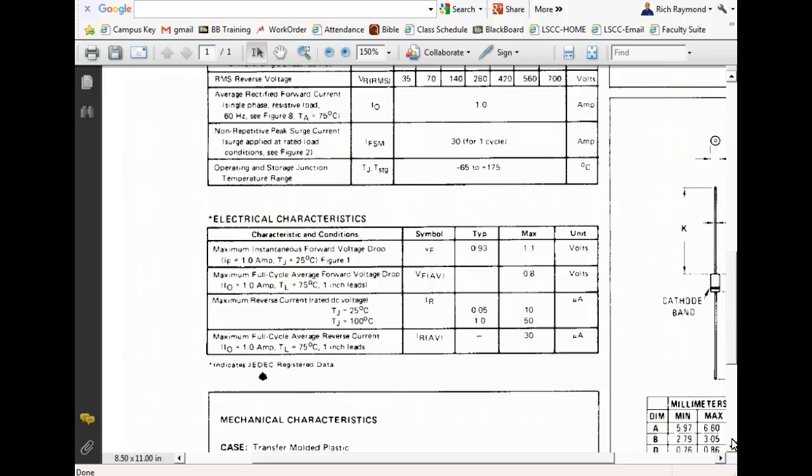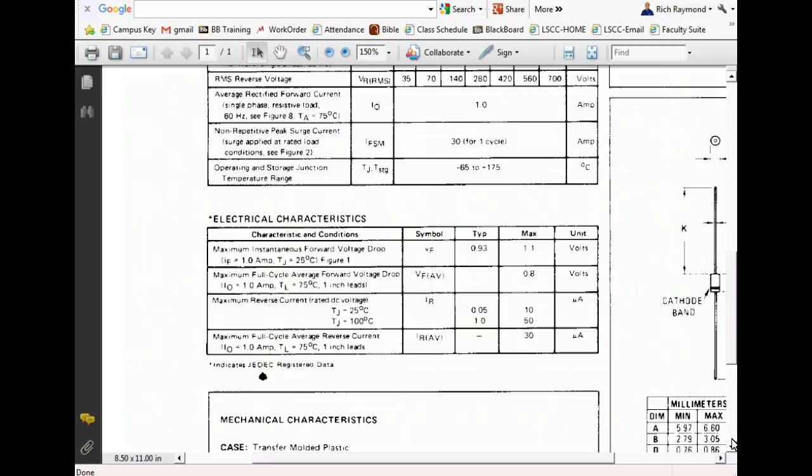That's if it's running at its maximum current. Y'all not seeing that because we're not running these things near their maximum current. This is the average voltage drop running. This is instantaneous, I'm sorry. This is not really that interesting to us right here.